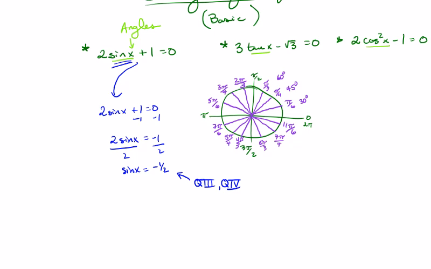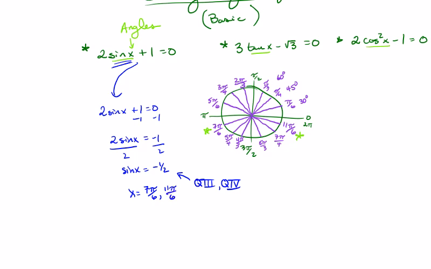So if you have your things memorized, sine is 1/2 at pi over 6. And so in quadrant 3, that would be 7 pi over 6 and in quadrant 4, 11 pi over 6. So I'm going to say that x equals 7 pi over 6 and 11 pi over 6.